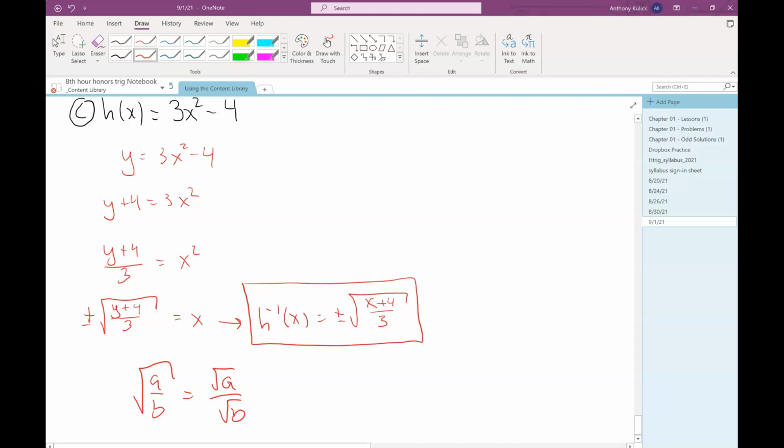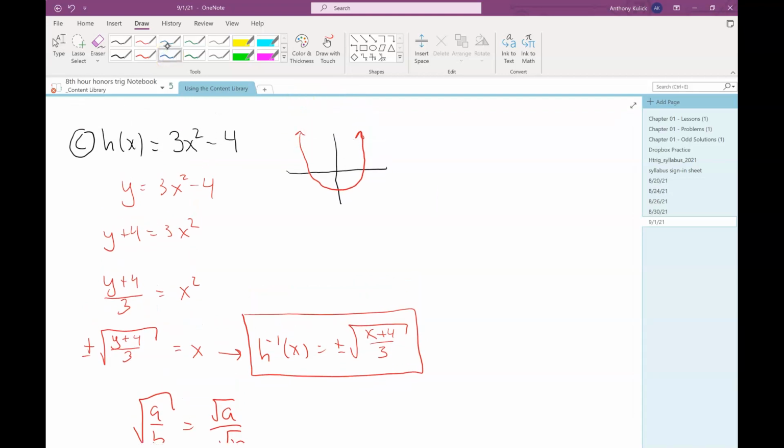Notice here that h inverse of x, though, is not a function. The main issue for us is that h of x was not 1-to-1. So if I drew the graph for this, we have a bunch of y coordinates that are repeated. What I would do to make h inverse a function is restrict the domain on h of x to really just be half of the parabola. Whether it's the left-hand half or the right-hand half doesn't really matter.